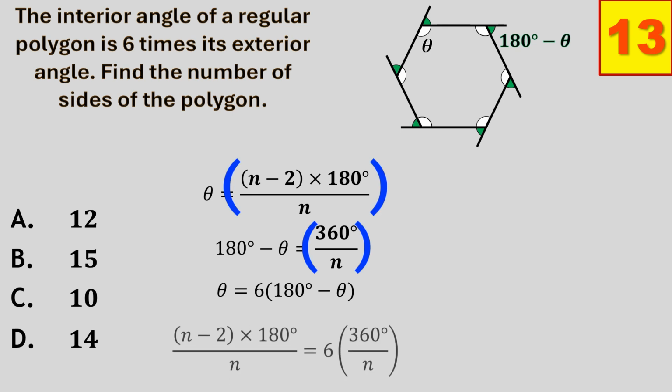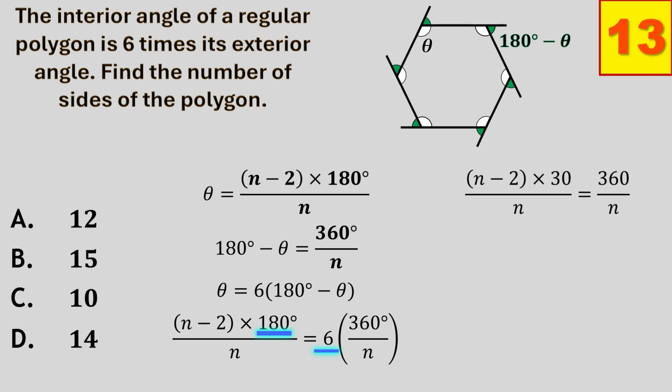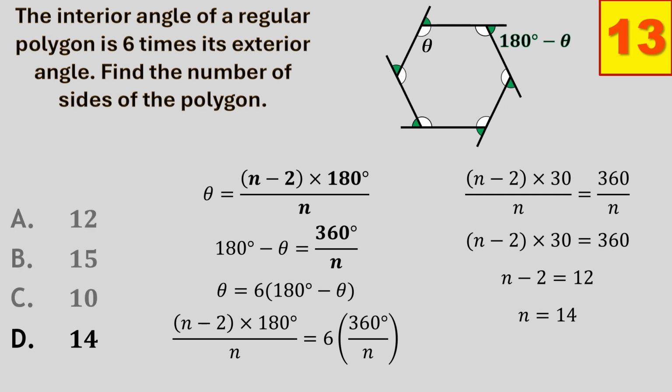Replace them with their values in order to find the number of sides. 180 divided by 6 is 30. Multiply both sides by n, divide both sides by 30, and add 2 to both sides. Therefore, this polygon has 14 equal sides.